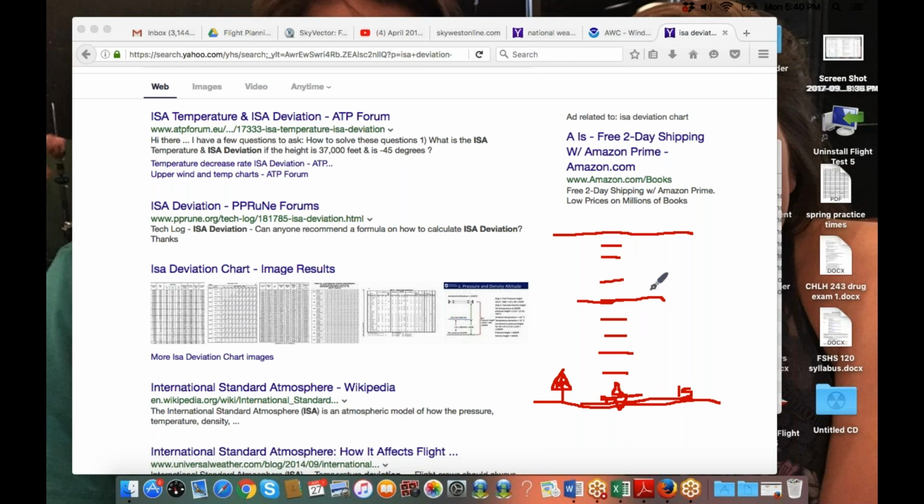Okay, so this big one's 5,000. So up here, we're at 10,000 feet.